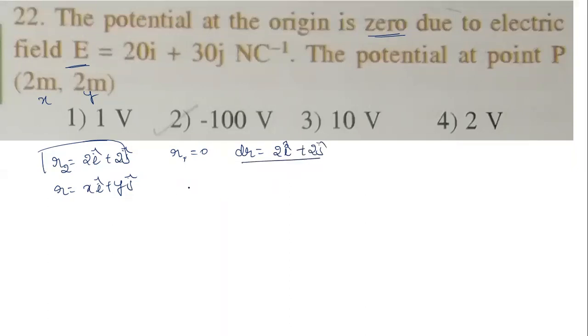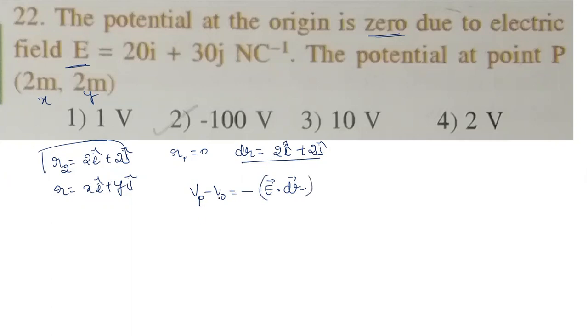So the potential difference between where and where? The origin and the point. The potential difference between the point P and the origin is equal to negative of, what now? Electric field multiplied by displacement. Whenever an integration part is required you can take integration, or else it is not required now.